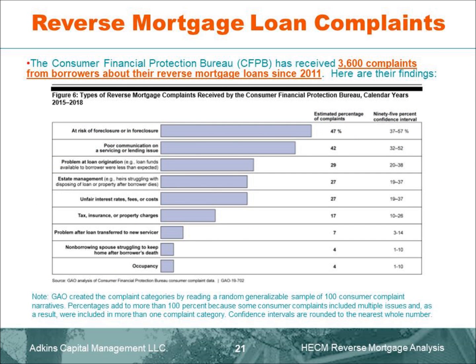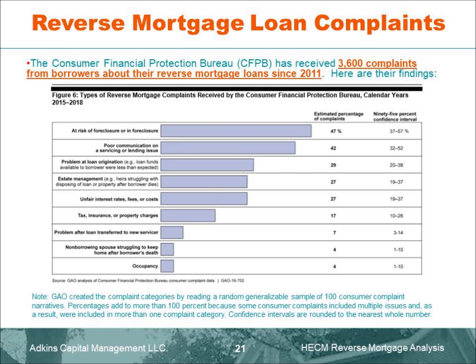The empirical results found in the Government Accountability Office report on reverse mortgage loans found three issues that need to be brought to the attention of prospective borrowers. First, the Consumer Financial Protection Bureau has received 3,600 complaints from borrowers about the reverse mortgage loans since 2011.